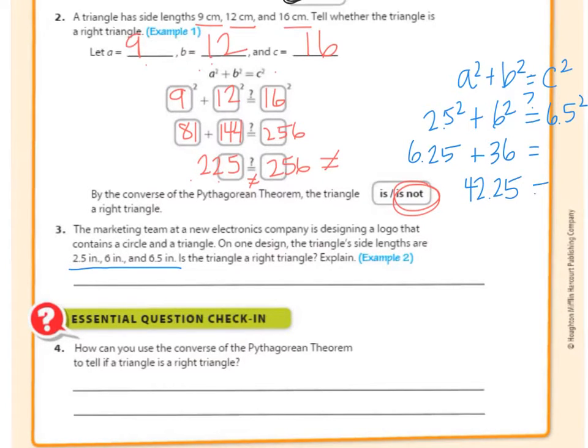And we're going to see if that is equal to 6.5 squared, which is 6.5 times 6.5, and that equals 42.25. Oops, I wrote that wrong. Let's try again. 42.25. Sorry, that went off the screen there.